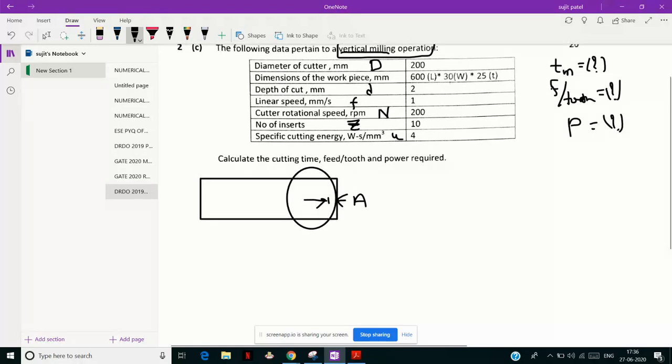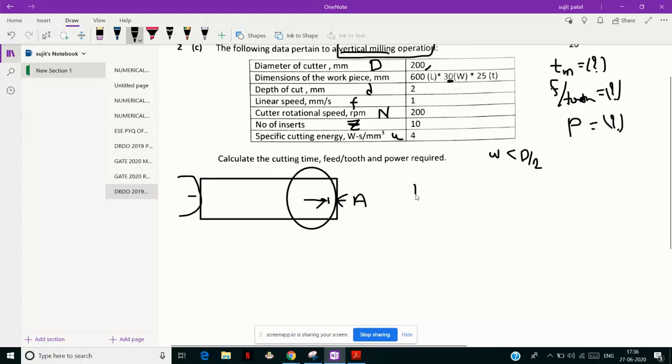Now look at the width and cutter diameter. The width is less than the cutter radius, so we have to give the approach length. For complete machining, initially we have to provide some approach length, and at the end we would also provide approach length.